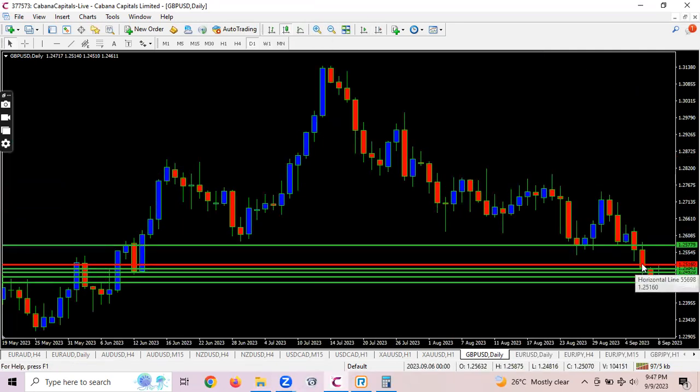It is not lying on the body of this one. If it was, we would have used it. It is lying on the high of this candle and not the body. So the candle that qualifies on the daily time frame for our pivot is this candle.